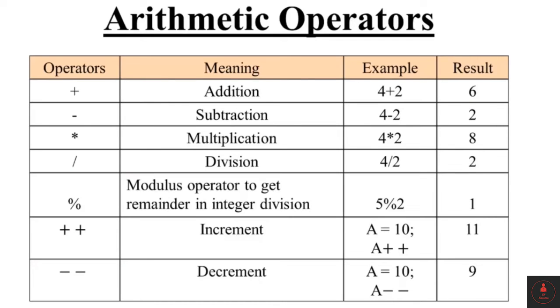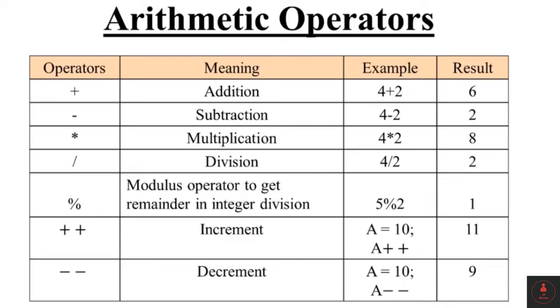In arithmetic operators, you can see plus, minus, asterisk for multiplication, forward slash for division, and a percentage symbol for the modulus. That means if you want to add, subtract, multiply, or divide two numbers. For example, you say 5 divided by 2. What will happen?